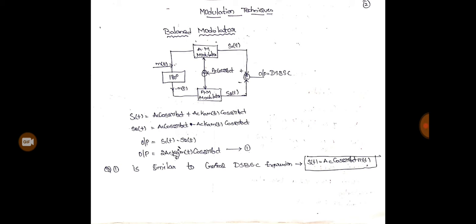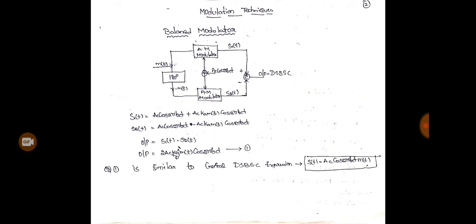The AM modulator will take the message as well as the carrier signal and produce the carrier signal as well as the modulated signal. So s1 of t is equal to Ac cos 2 pi fct plus Ac Ka m of t cos 2 pi fct. Here m of t is positive. Similarly s2 of t is equal to Ac cos 2 pi fct minus Ac Ka m of t cos 2 pi fct.